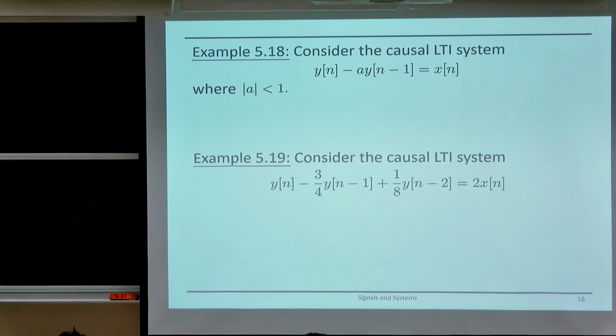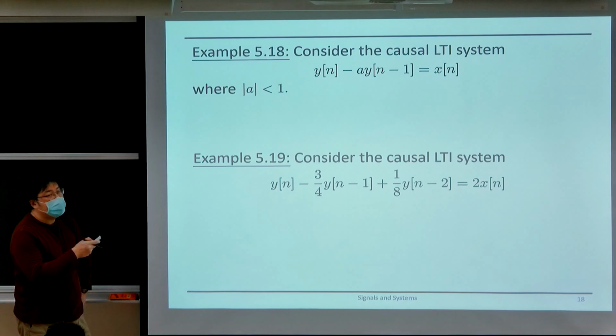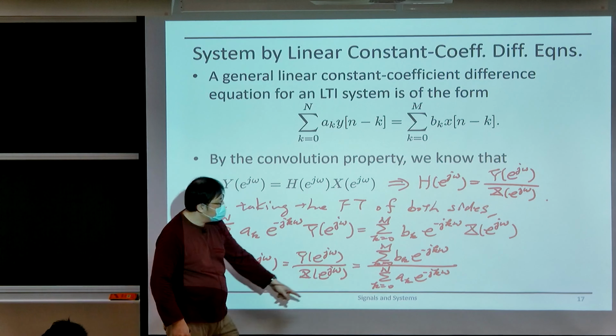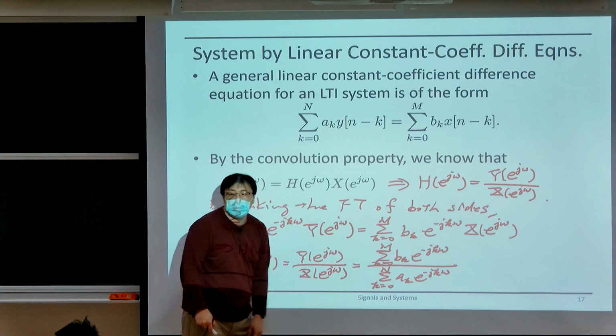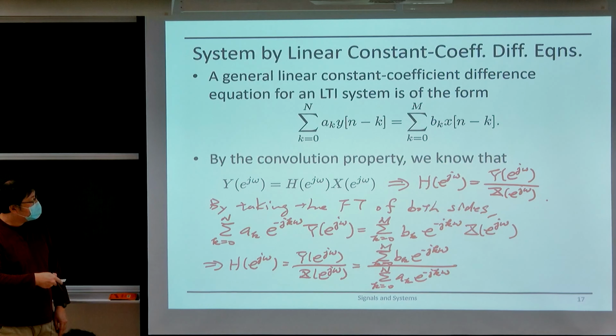So in this first example, you have y[n] minus a y[n-1] equal to x[n]. You could just substitute these coefficients inside this formula here, but I would not suggest doing that because this is actually quite easy to derive.